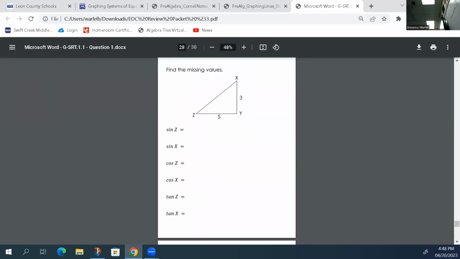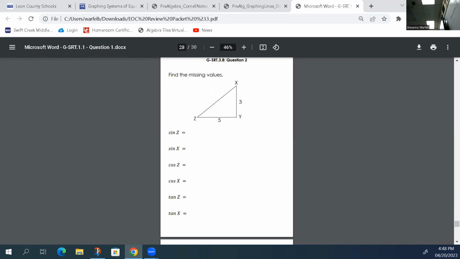Find the missing values. I think all of you should be able to do this. You can solve for this value first and get an answer there, because you know it's got to be a right triangle, so you can use the Pythagorean theorem and solve for it.